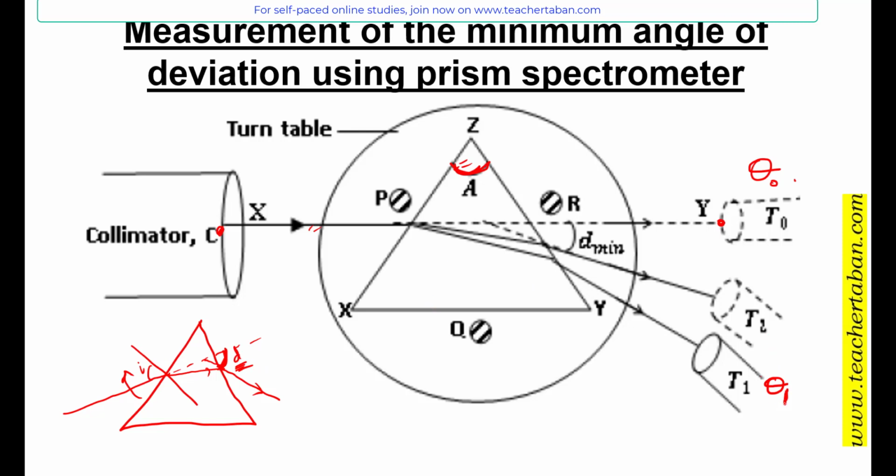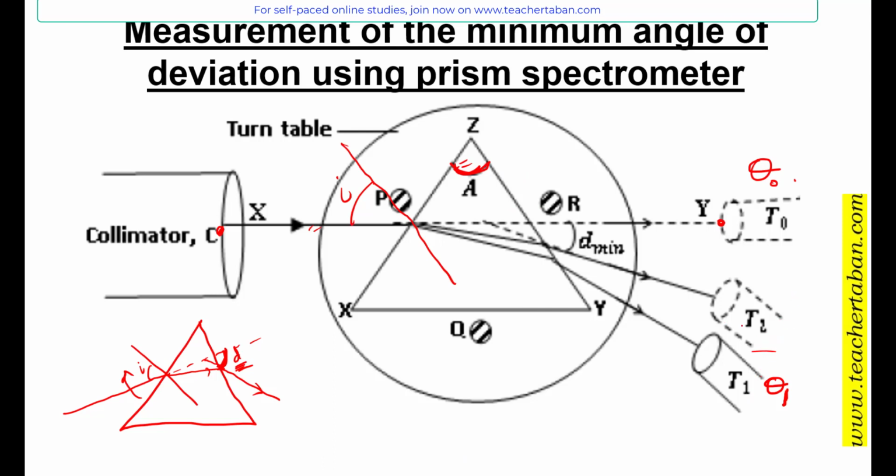So in this case, after having seen where the position theta 1 is, the slit is seen on the cross wires of the telescope. What we're going to do now is turn the table in a direction such that the angle I reduces. As we're turning the table, we turn the telescope concurrently.